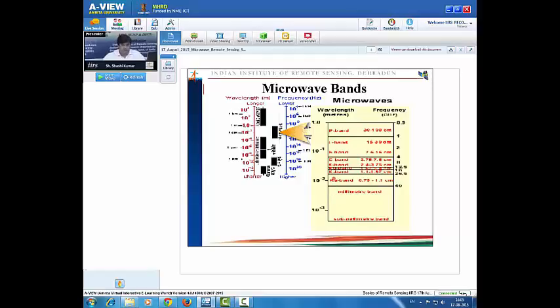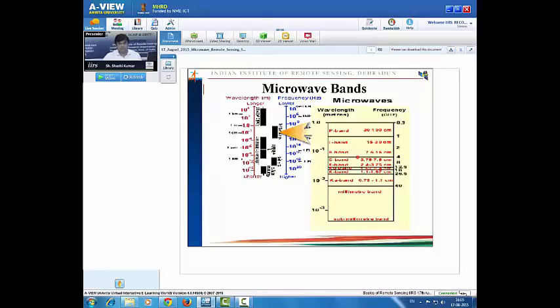So what we are seeing here is that when we move from K band to P band, there is an increase in wavelength. It means that when we move from K band to P band, there will be a decrease in frequency but an increase in wavelength.